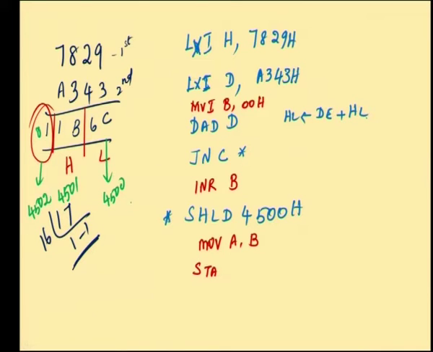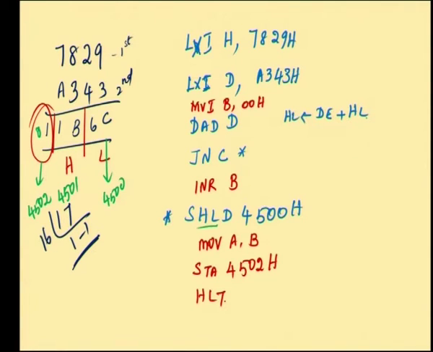So, 3 addresses needed to store the result. So, by using the SHLD instruction, L and H values will be loaded in 4500 and 4501. Now, I have to use 4502 for storing the carry value, then halt it. So, this is a program to store the 16-bit data with the carry.